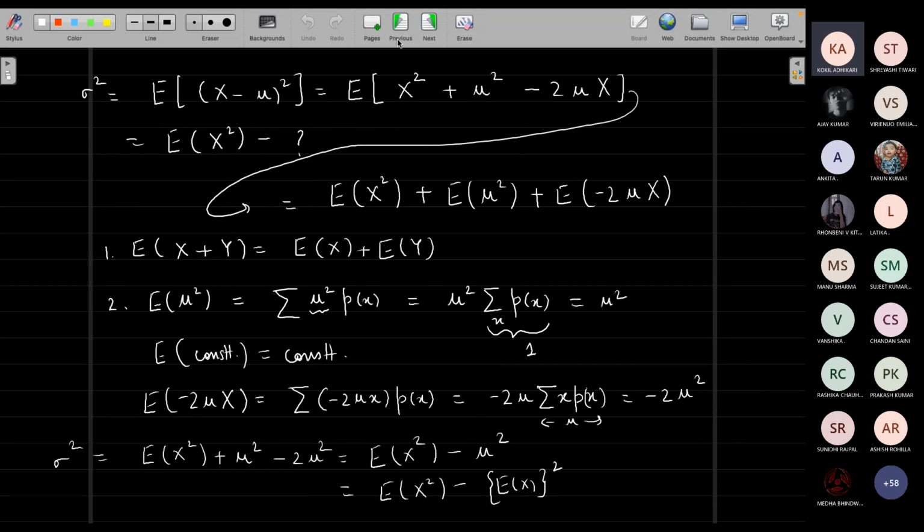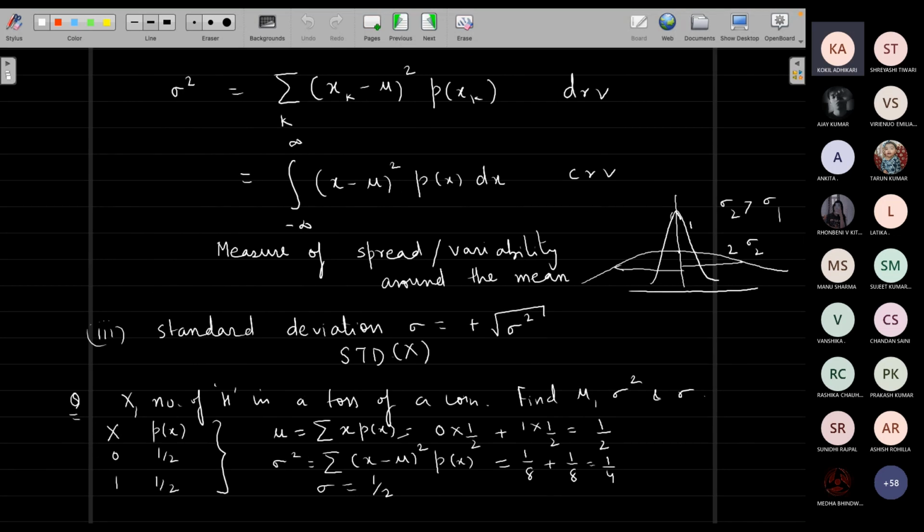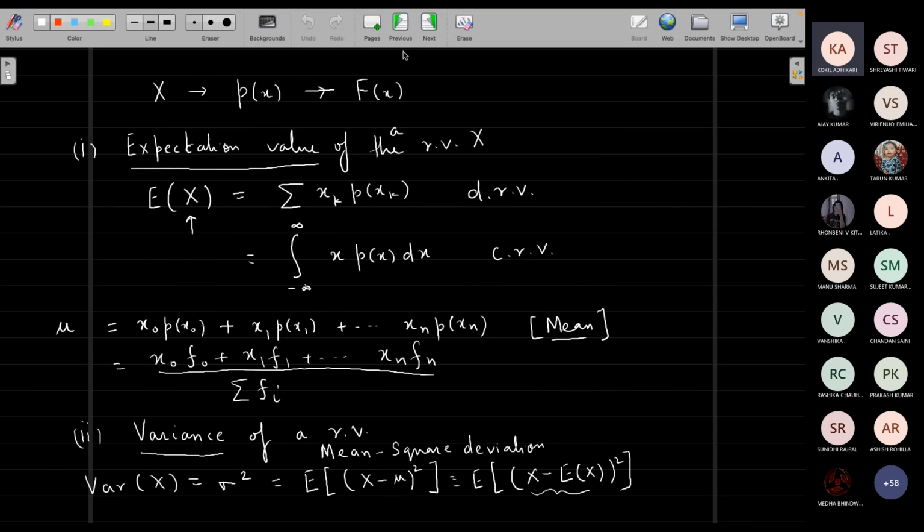Now, look at the definition of the mean. If you just go back to the previous one, look at the experimental or working definition of the mean. Whatever x value it is taking, you are multiplying the probability with it. So even if an x value is extremely far off, you have made an error and got a result which is completely far off from the other values, when you take the mean, your mean will surely be influenced by that value.